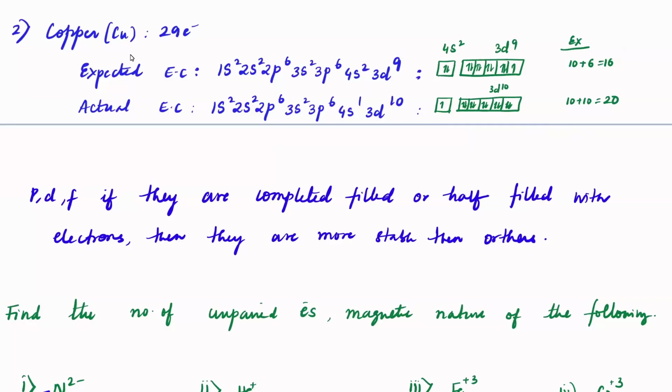But if it was 4s1 and 3d10, the ones in the other spin, now there are 5 of them, will make 10 exchanges. In total, we get 20 exchanges. And the difference here is 4 units, which means copper can also be expected to handle a configuration like this, which is 4s1 and 3d10.